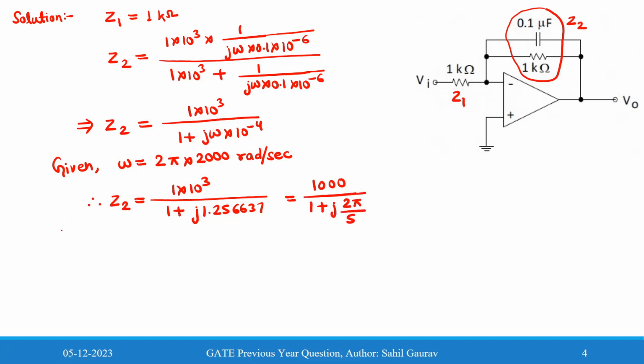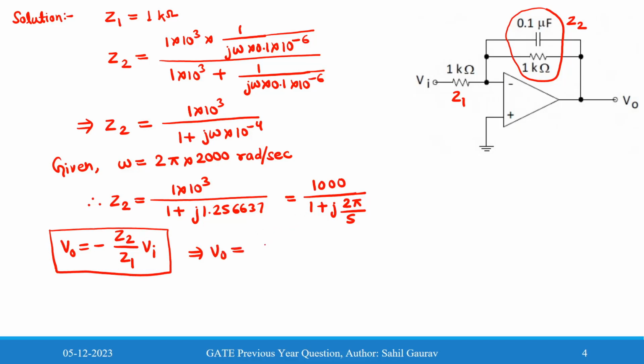Now we know the relation for this circuit is V naught equal to minus Z2 divided by Z1 into Vi. Therefore, put all these values.